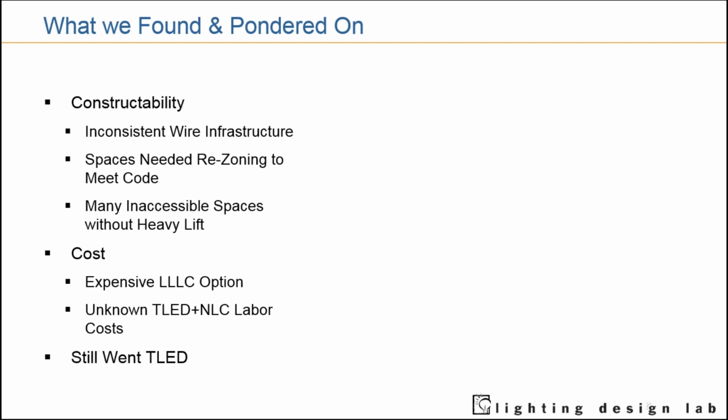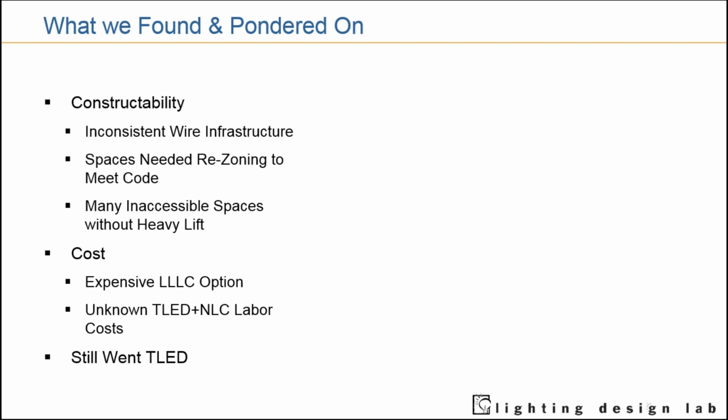So they were going to have to add them if they wanted that dimming capability. Some spaces needed rezoning in the sense that they had a couple of newer daylight zones, new fenestrations in the building, and the lobbies. Some of them had a good amount of daylight, but they never had daylight sensors.